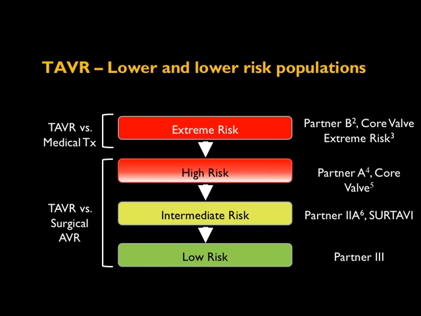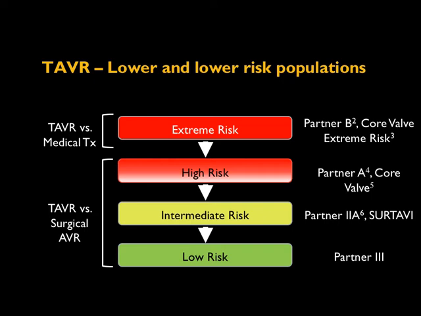Well, what's happened with TAVR is basically the valve itself has gone through a series of trials, increasing the number of eligible patients over time. Initially, the transcatheter aortic valve was evaluated in patients who were too sick to have any surgery at all.